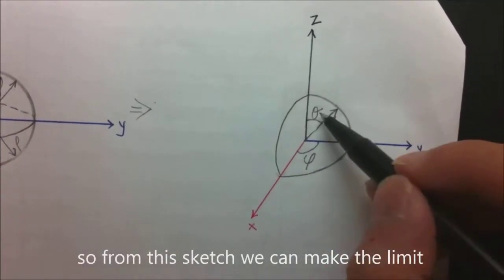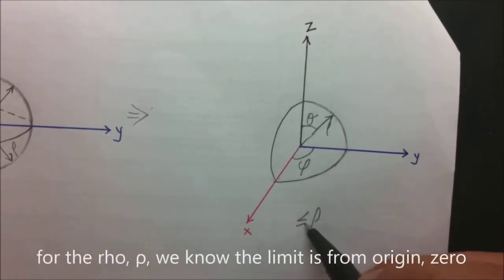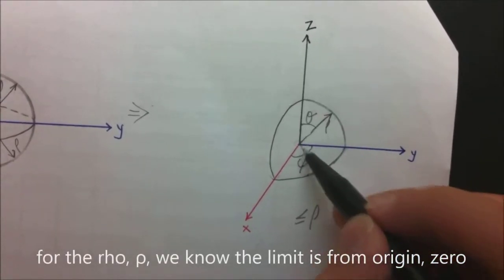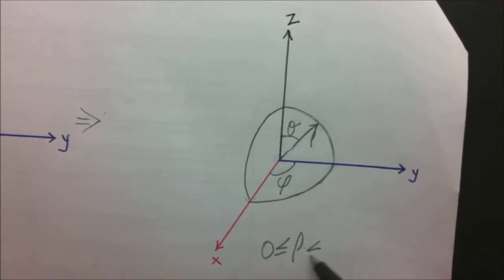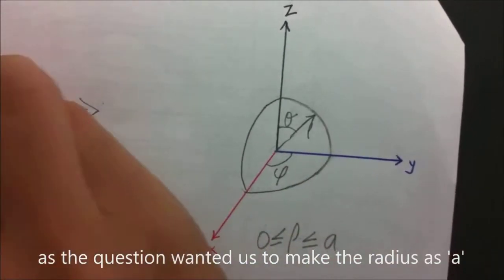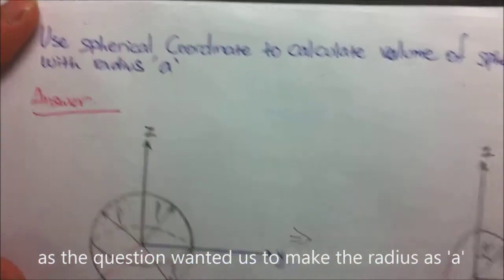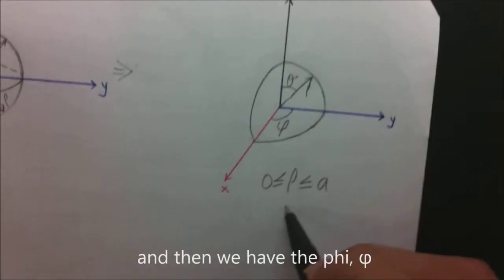So from this sketch we can make the limits. For rho, we know that the limit is from the origin 0 to A, because this question wanted us to make the radius A. And then we have phi.